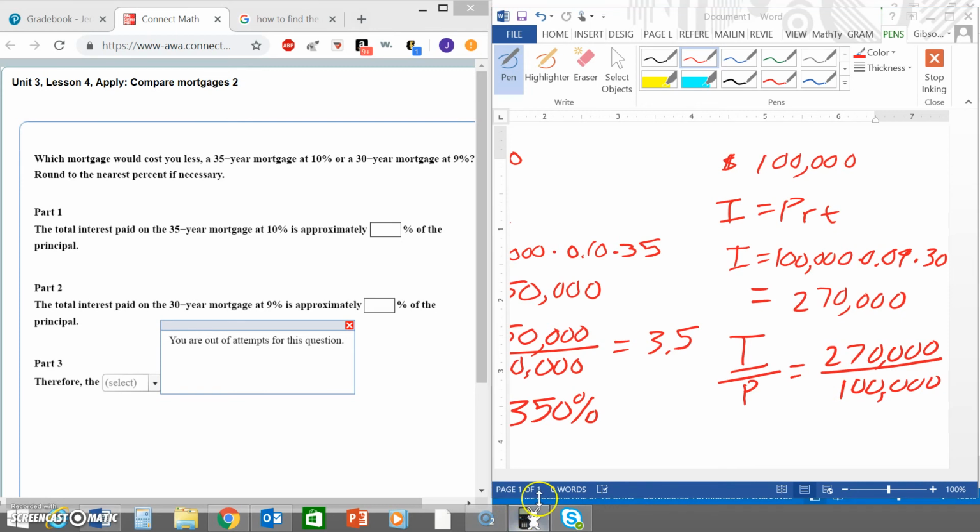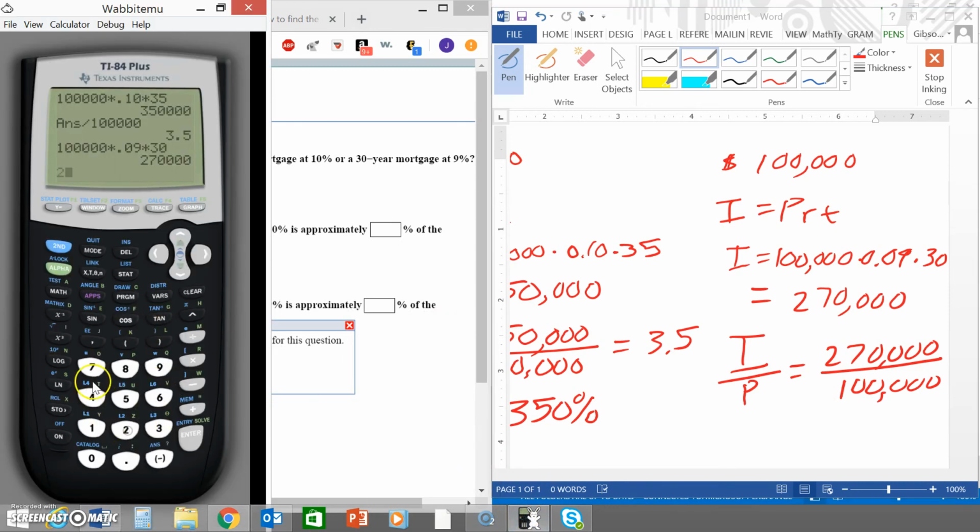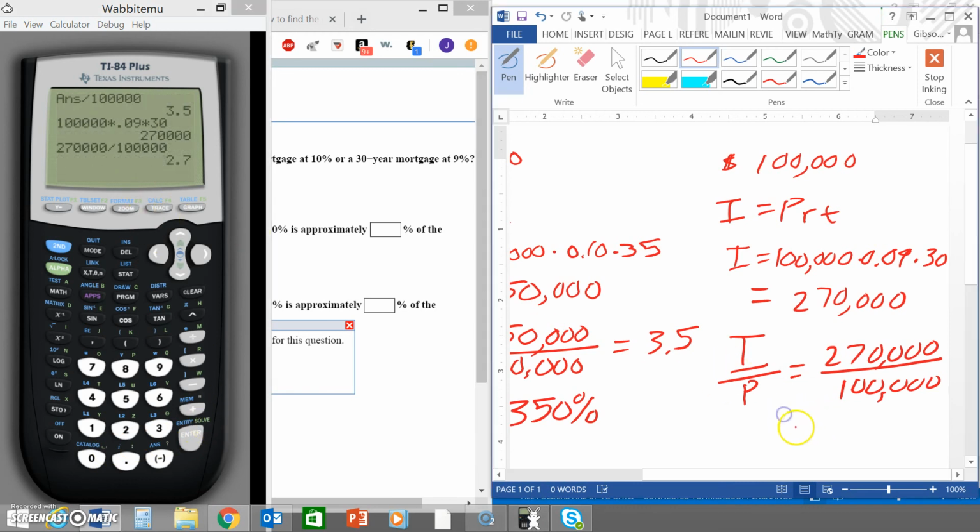So we will put that in the calculator. And that will give us 2.7. Now again, we need to rewrite this as a percent. So this would be 270%.